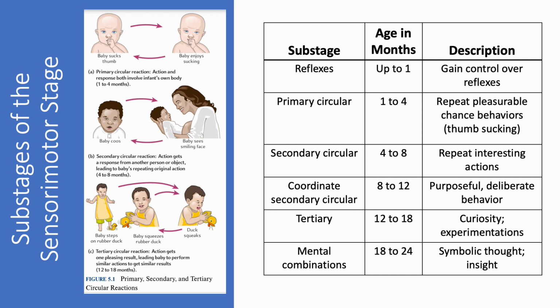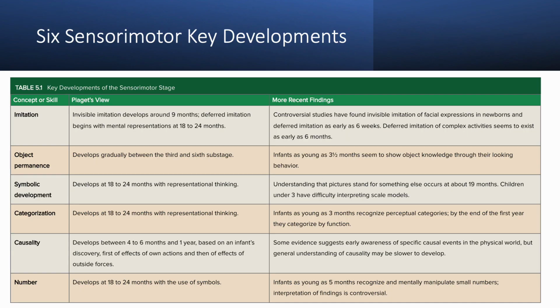The child has the ability to mentally represent objects and actions through symbols and words. They are beginning to think and develop knowledge about the world. Be sure to take a look at milestones 23 to 26 in your Connect site. It will be very helpful to understanding this content.